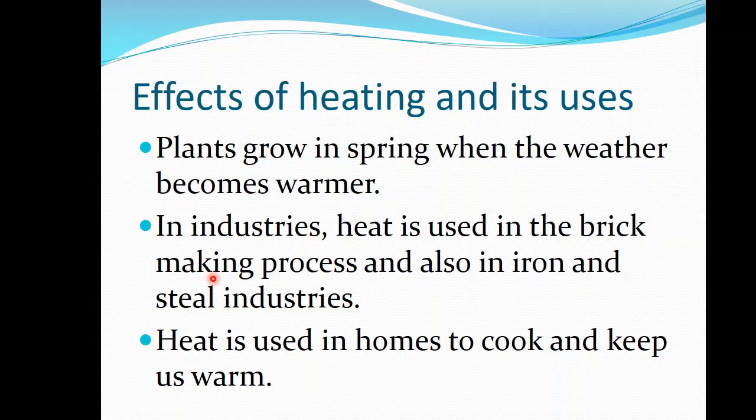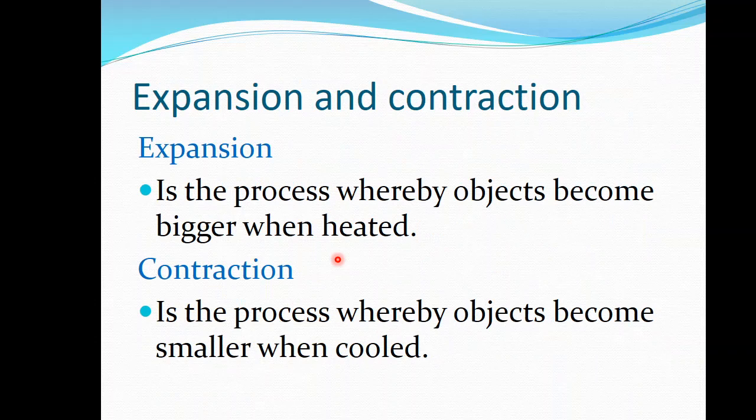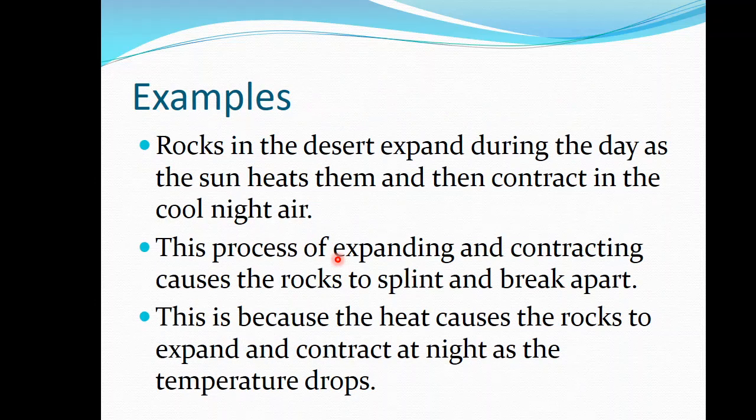We said plants use heat to grow, most industries use heat, and at home we also use heat for different activities. And we also introduced you to new terms: expansion and contraction.